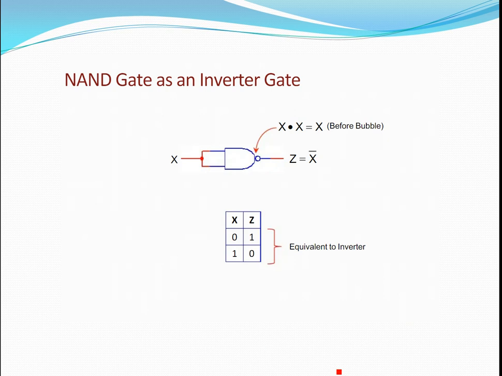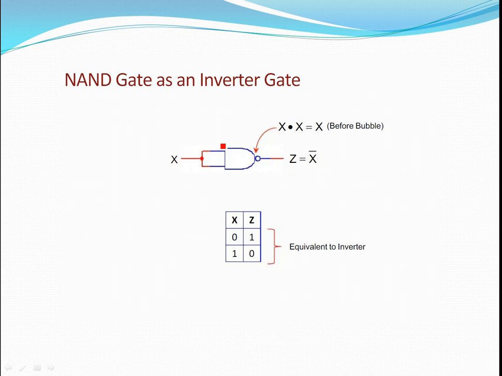Here, just by shorting both the inputs of the NAND gate and connecting them as a single input, because a NOT gate has only one input and one output. So now X is the input and Z is the output.